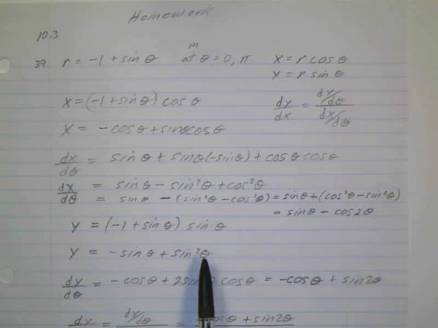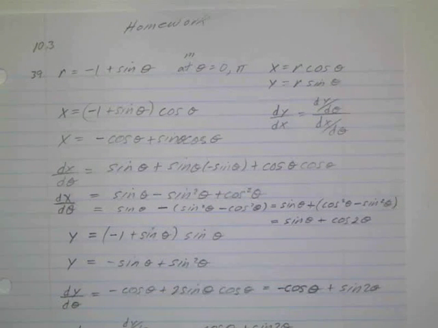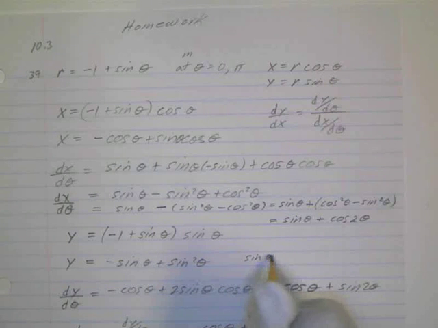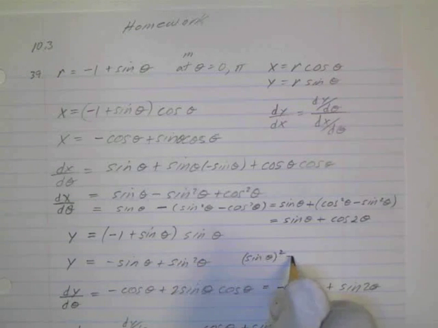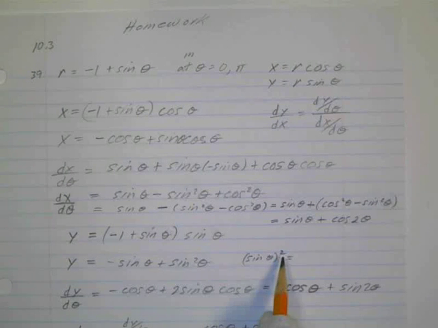the derivative of the sine squared of theta. Now this is interesting because this is really the same thing as sine theta squared. So if I put the 2 in front, use the chain rule, the power rule, so 2 times the sine of theta times the derivative of the sine of theta, I get the cosine of theta.